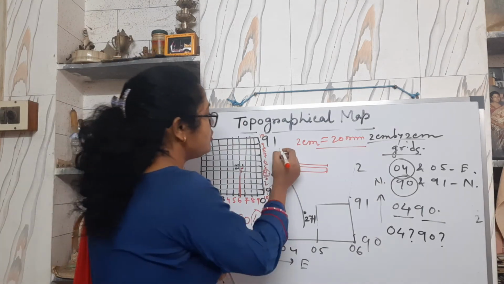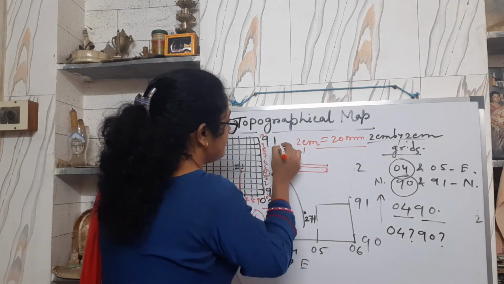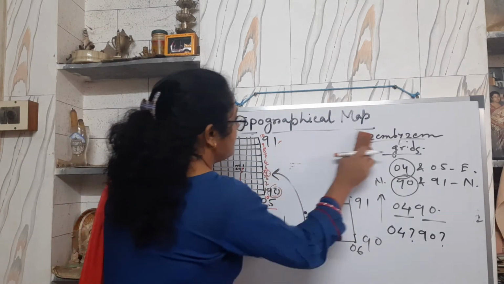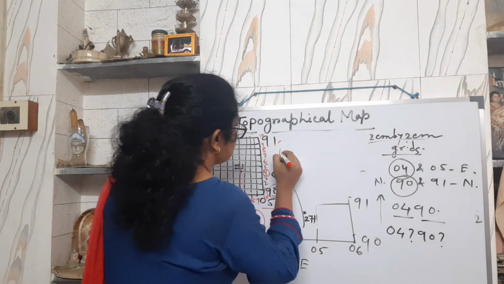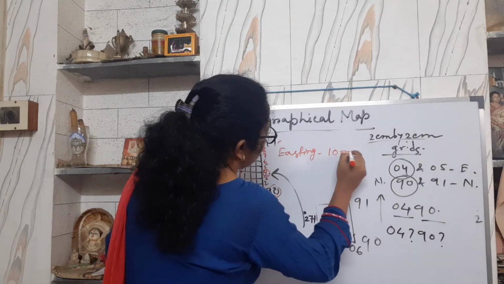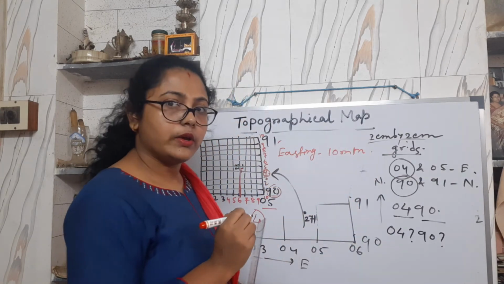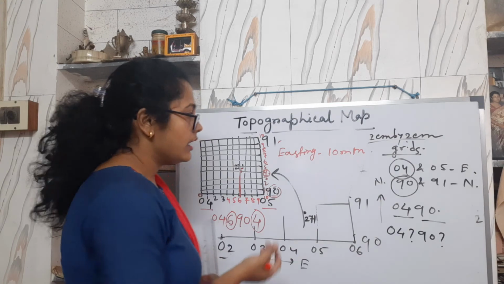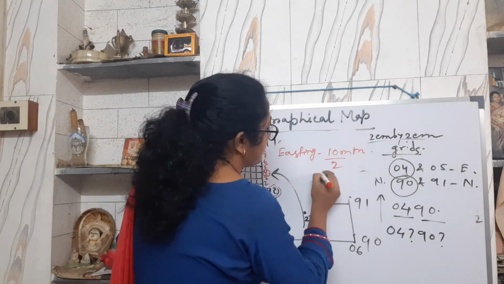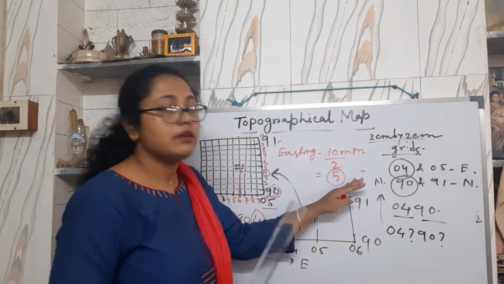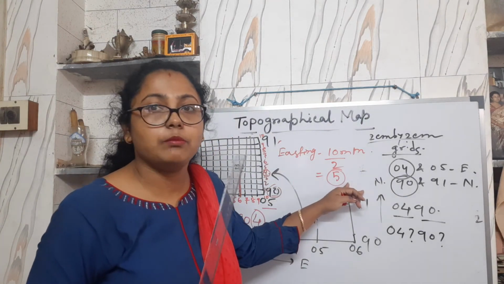Suppose in the easting, in scale the point comes 10 millimeter. So what is the exact point? You cannot write 10 millimeter in this way. So you have to divide this by 2 equals to 5. So your easting must be 5 if the point comes 10 millimeter.